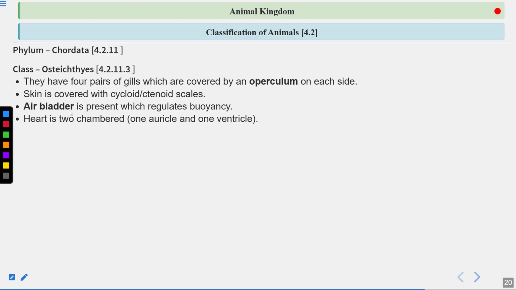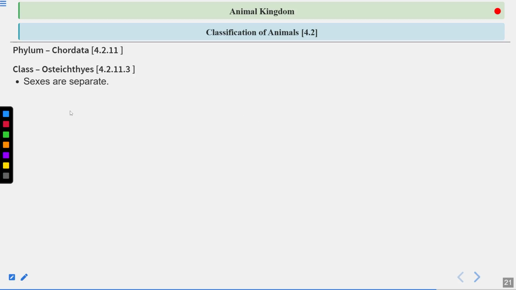Heart is two-chambered, one auricle and one ventricle, the same that we have seen in the case of chondrichthyes. They are cold-blooded animals. They cannot regulate their body temperature. Sexes are separate; they have separate male and female individuals. Fertilization is usually external.